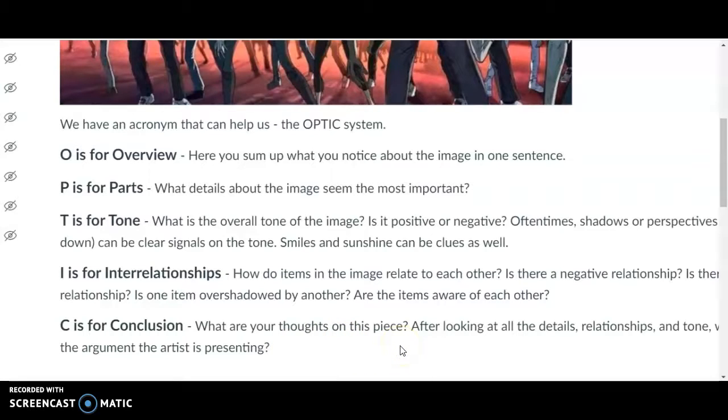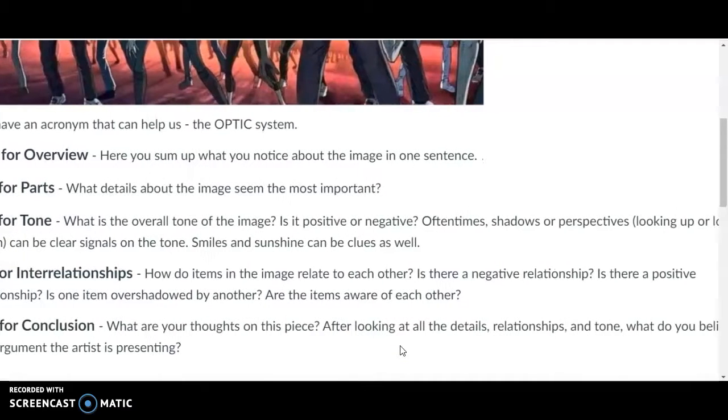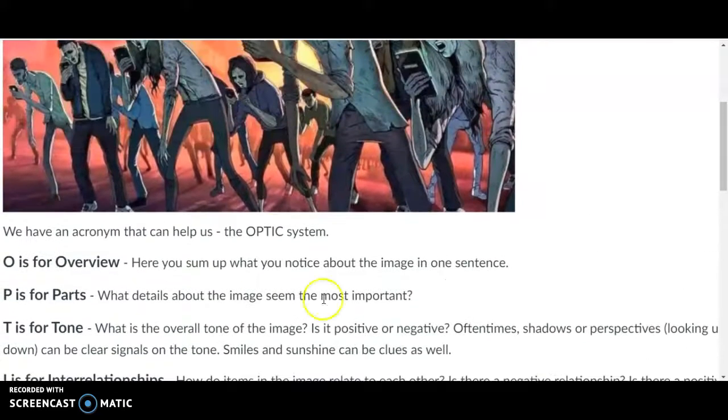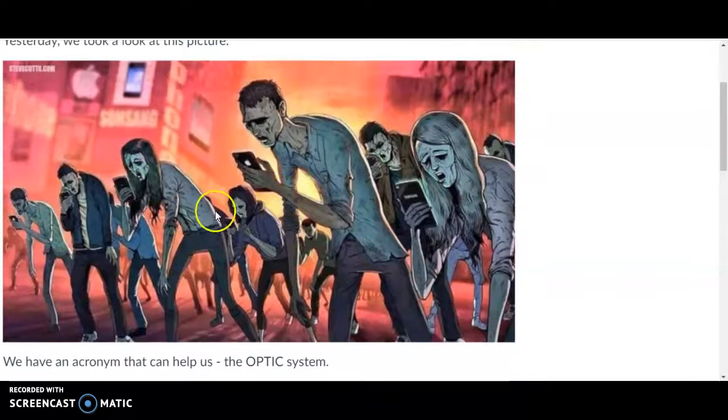What do you think about it after looking at all the details, relationships? What is the argument of the artist? What is this artist saying about people, phones, and people in general?